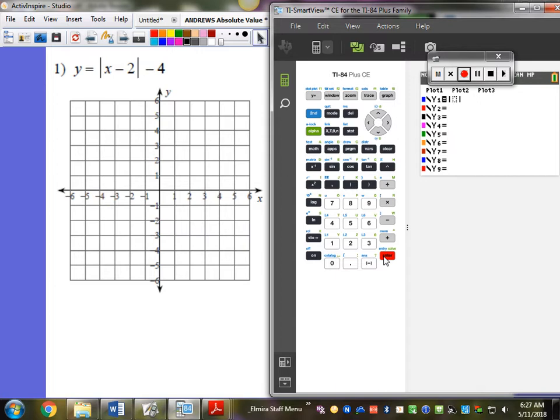Absolute value, x. I got one button push ahead of myself. Okay, keep that in your y1. Then each homework problem put in your y2. So we're going to go second catalog, absolute value, x, take away 2, arrow out, and minus 4.